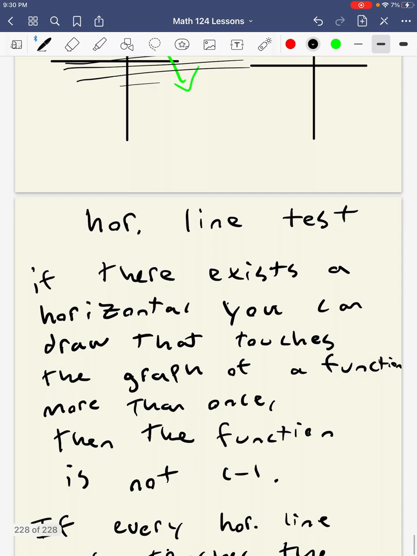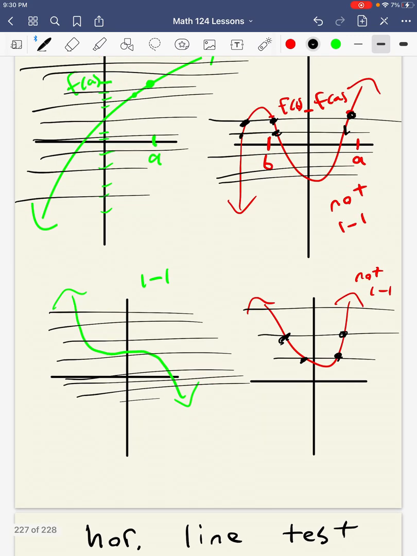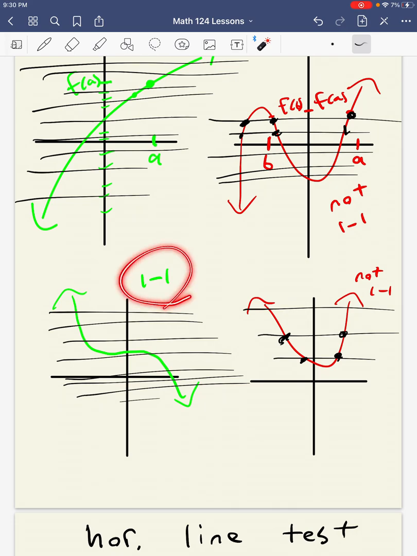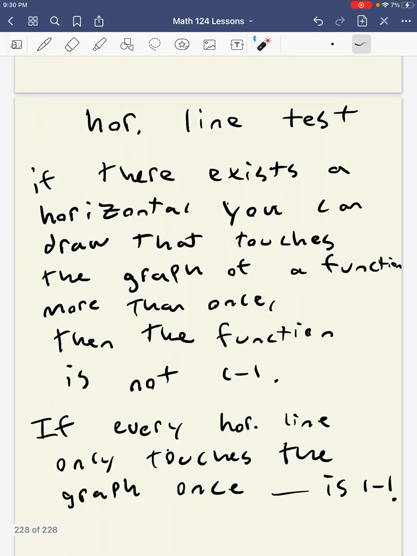Right? So if we go back to these examples, we had a horizontal line that touched the graph more than once, so we conclude not 1 to 1. No matter what horizontal line we drew here, it will only touch the graph once, so it is 1 to 1. So this is the horizontal line test.